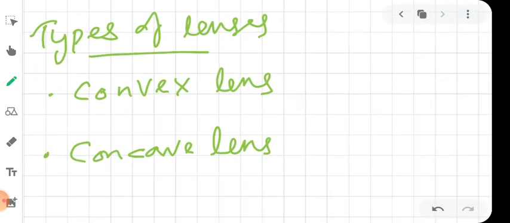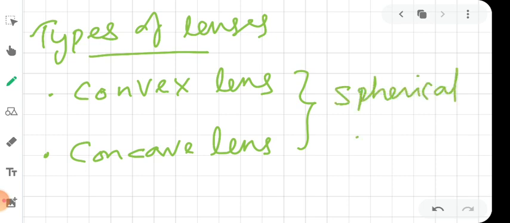In fact, both of these lenses are in particular called the spherical lenses, because you have seen the interface of these lenses are actually a part of the sphere.